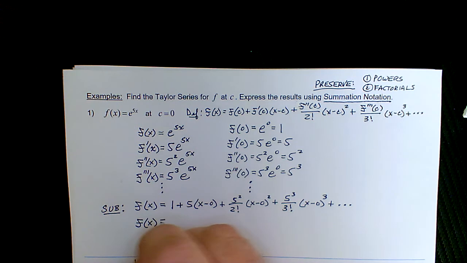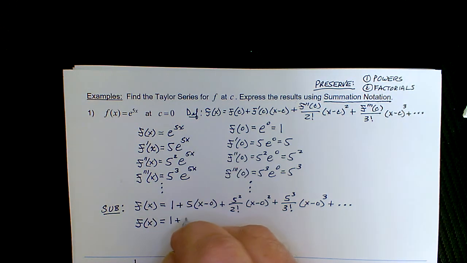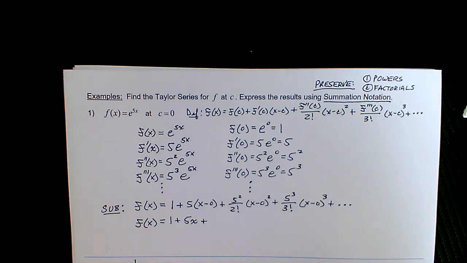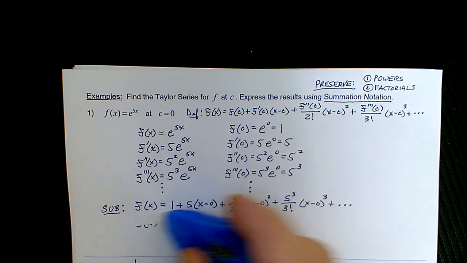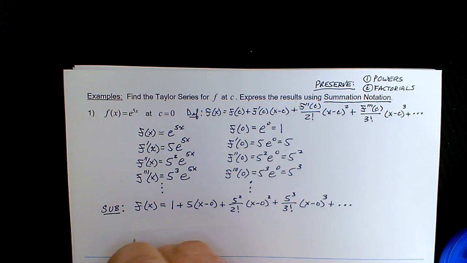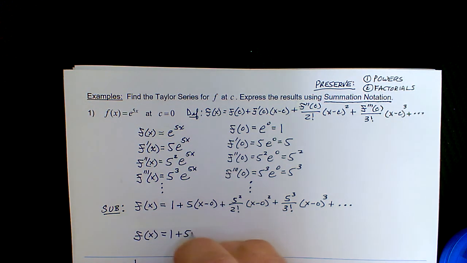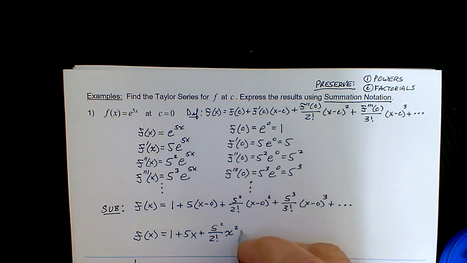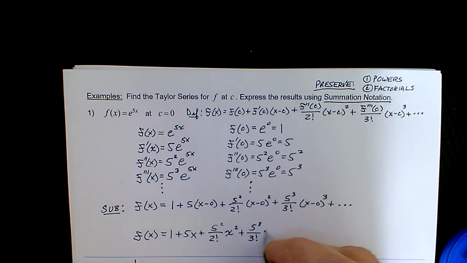Now let's get rid of the x minus 0s, just call them x's. So 1 plus 5x plus 5 squared over 2 factorial times x squared plus 5 cubed over 3 factorial x cubed, and so on.